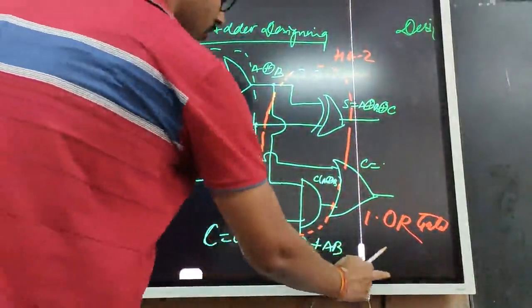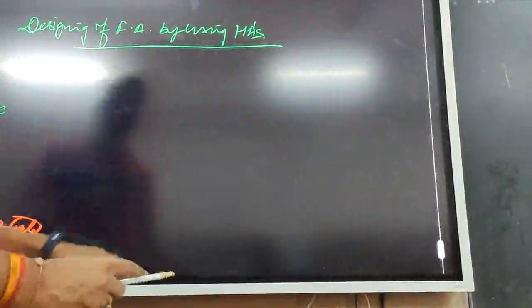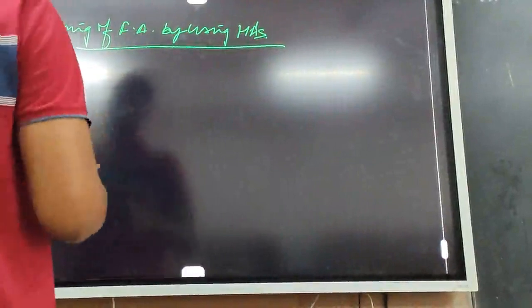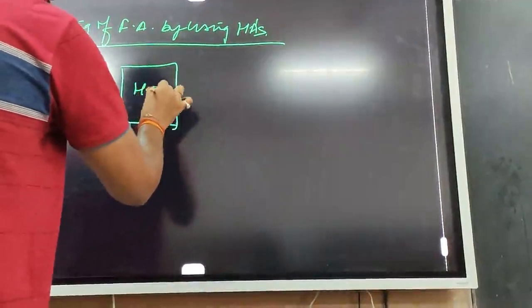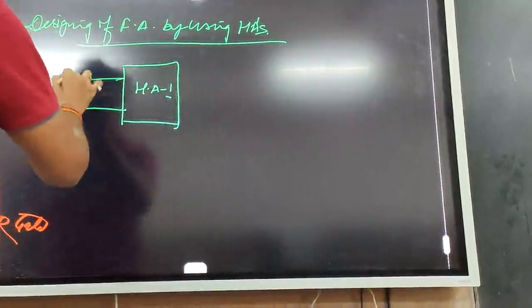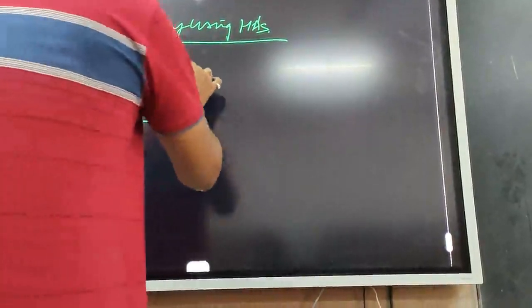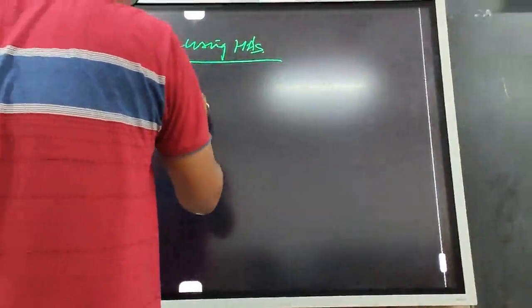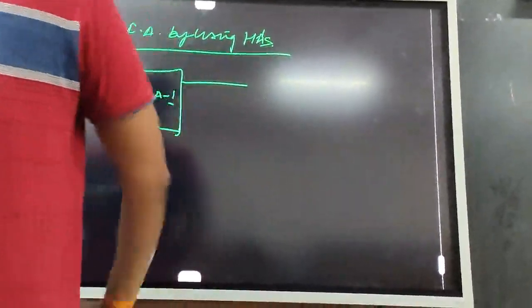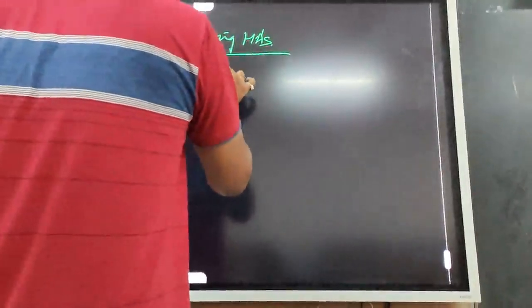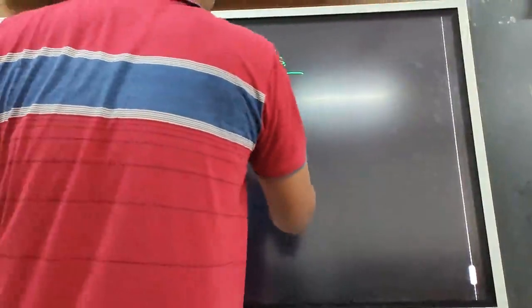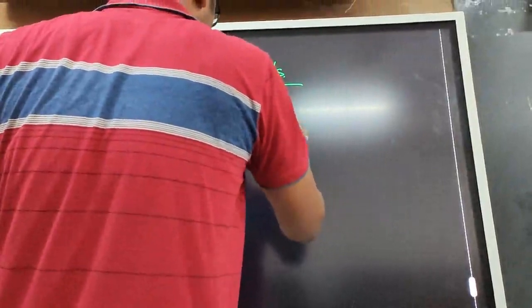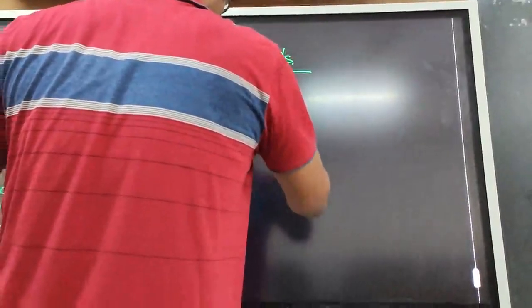So while designing a full adder by using two half adders, we have to design like that, that is half adder 1, A, B, then this is sum, this is carry, this is sum, and in sum terminal also.